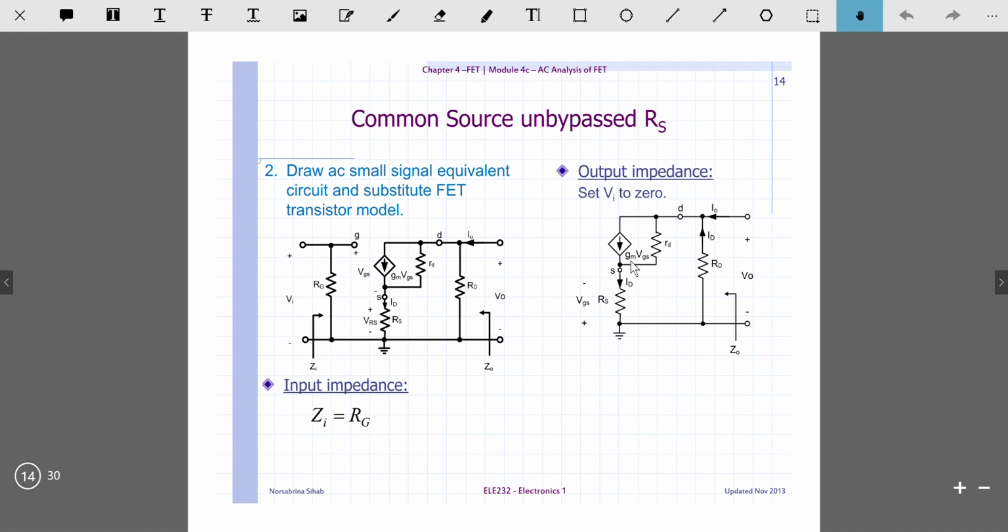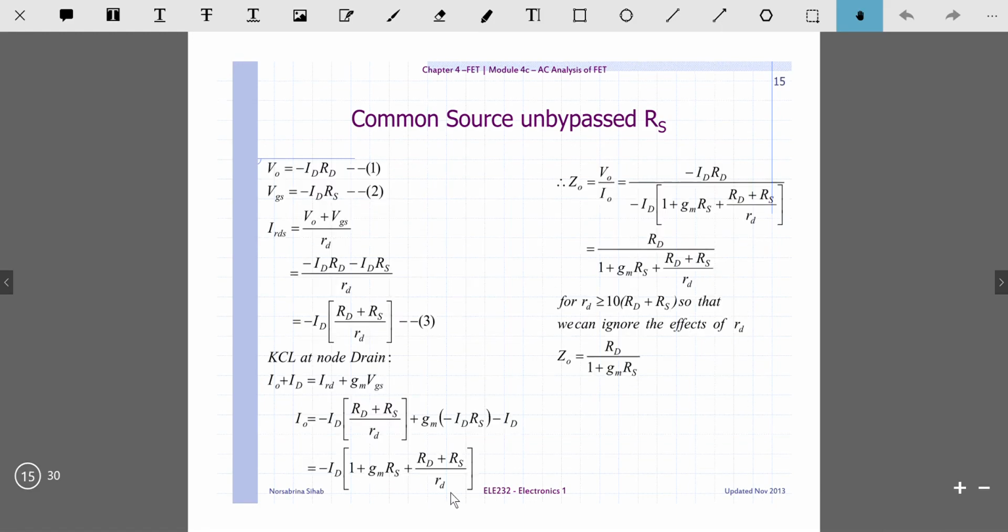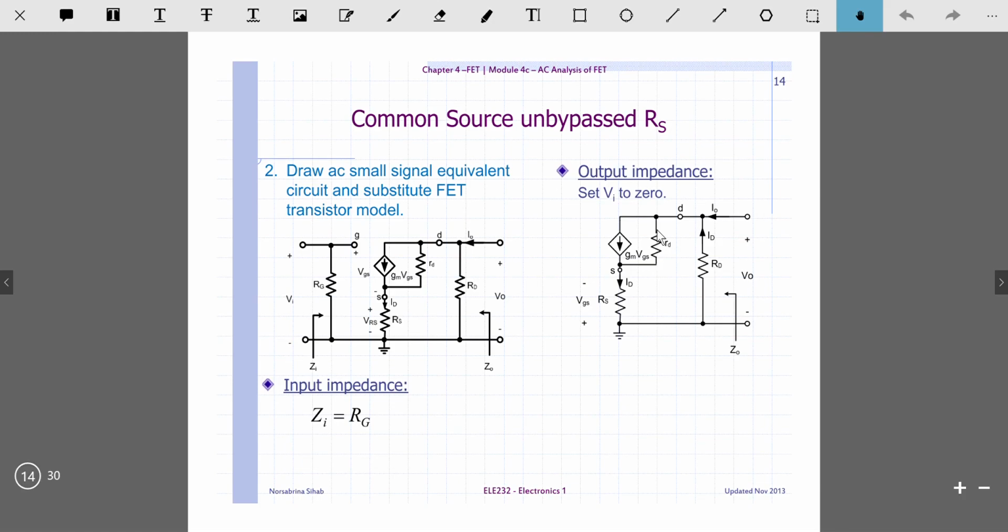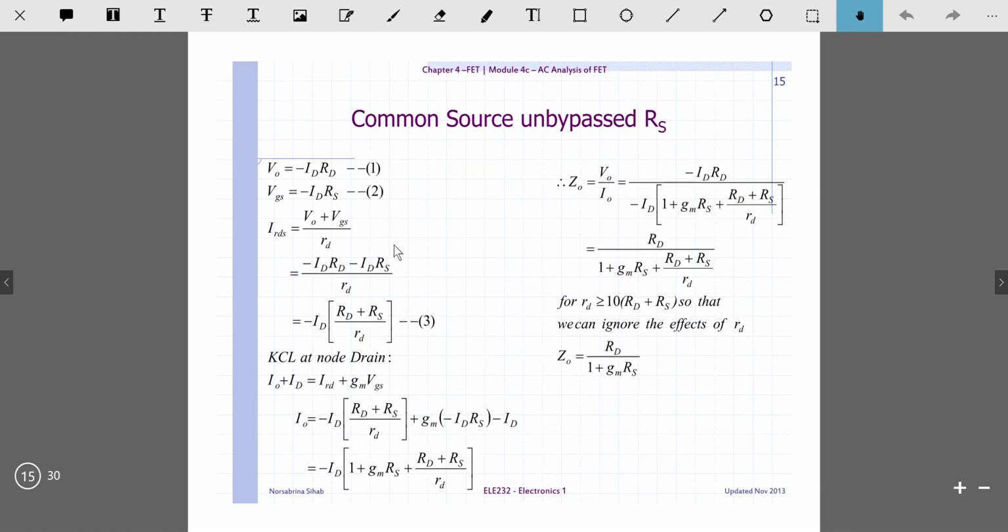So the voltage difference here is equal to this equation. You can see that IRDS, the current that flows through this small letter rd, multiplied by rd equals Vout plus VGS.